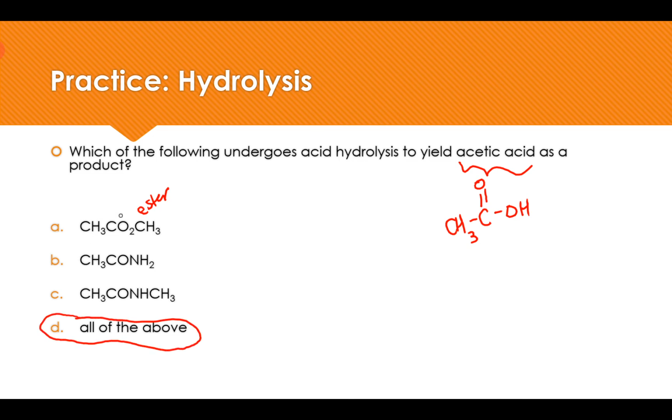So all of these have that CH3C feature. And so let me at least box in the O into this. So all of these have that, only one of those here, but all of these have that CH3O. So all of these can undergo hydrolysis.